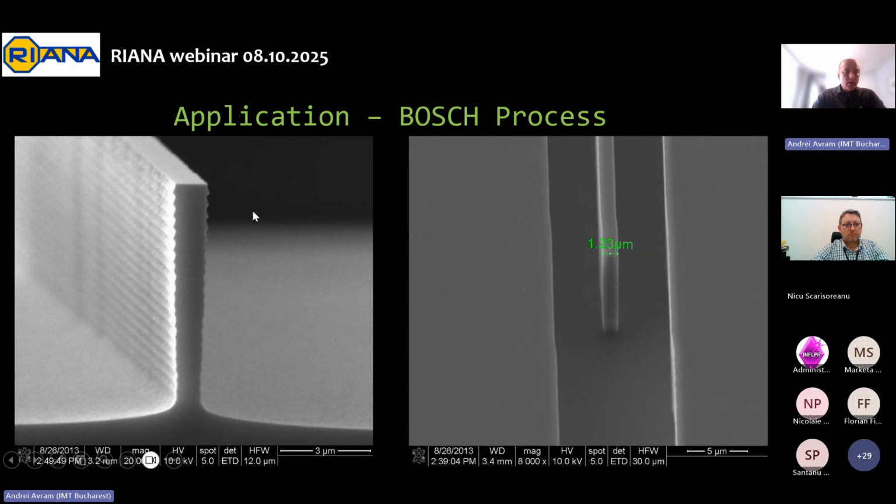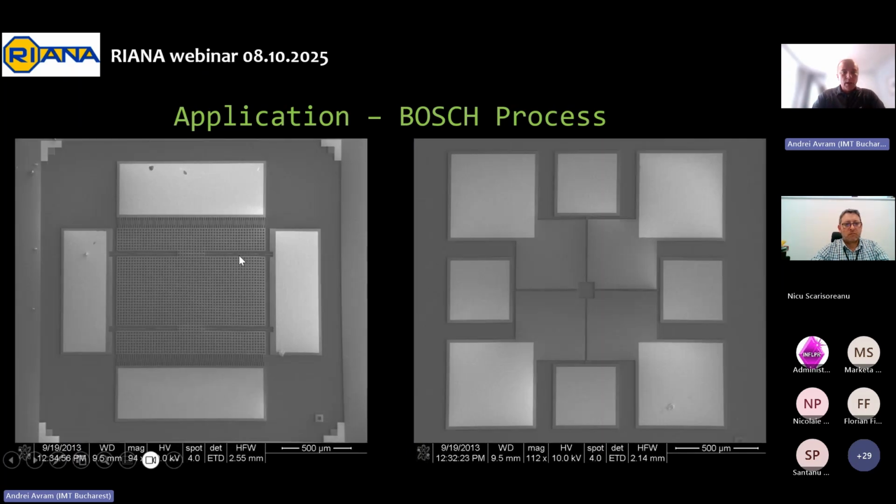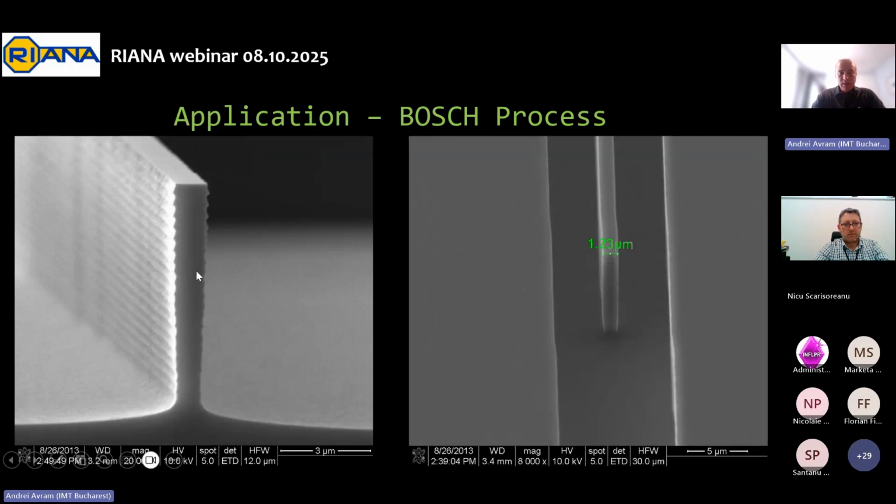For the other one, coming from this long line in the inertial mass, the line is roughly the same width, but you can see that it gets narrower at the bottom. Both of these structures come from the same wafer. So you have different behaviors for the same structure, the same process, the same wafers, depending on the surroundings.